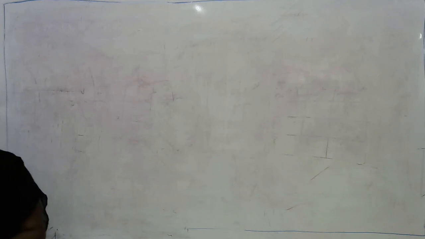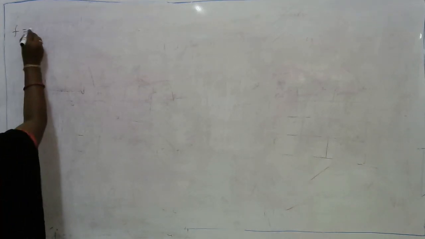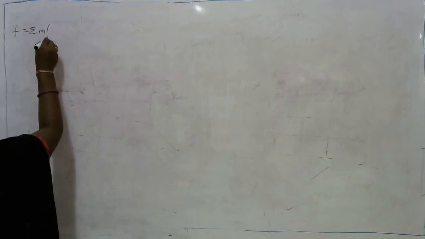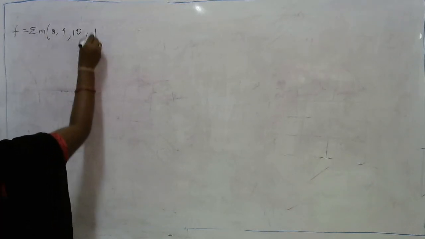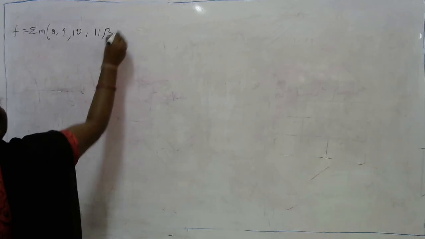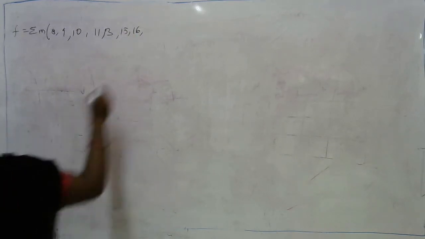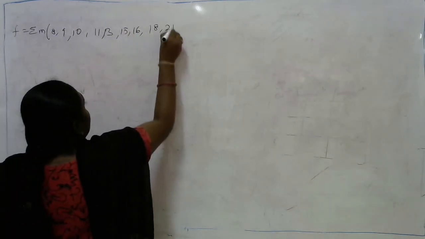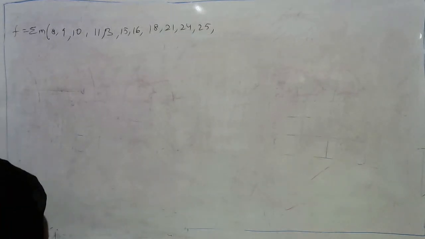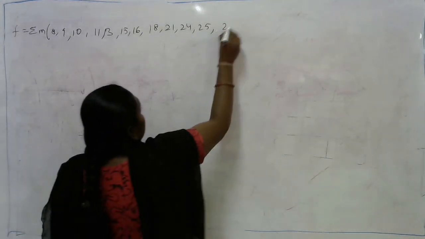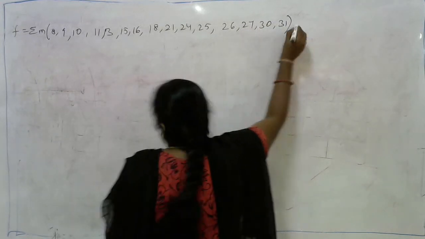Now let me take the example in which f is equivalent to sigma m of 8, 9, 10, 11, 13, 15, 16, 18, 21, 24, 25, 26, 27, 30 and 31.